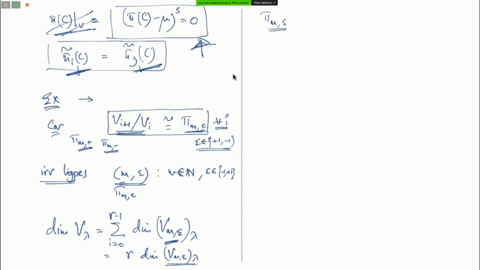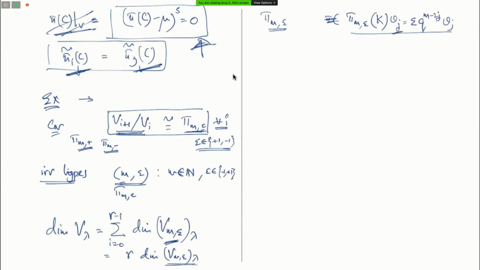So now we recall how π_{m,ε} looks like. π_{m,ε}(k) v_j is, so epsilon is plus or minus, right? So ε q^{m-2j} v_j. This is the action on the basis vectors.